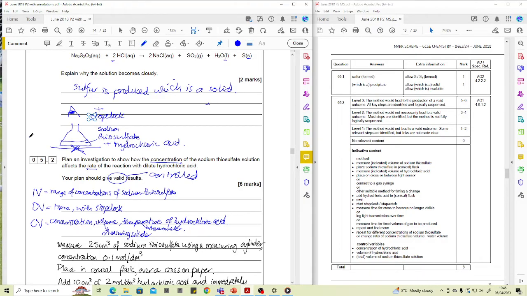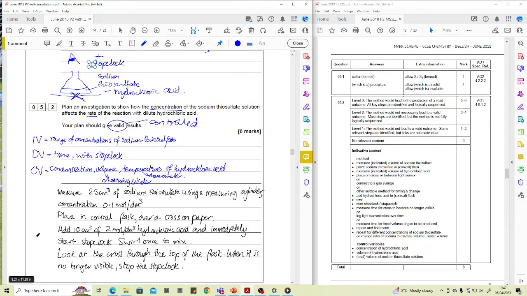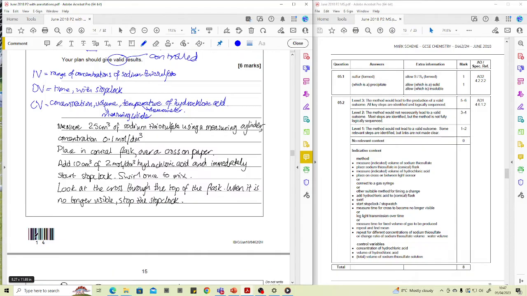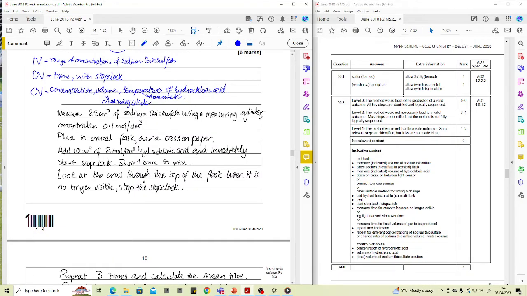Okay then, the way that we're going to measure this is by when the cross disappears, so how cloudy it's going, and it really steers you toward this in our practical. Let's have a look here and see if we've got the independent variable, the dependent variable and the control variable sorted out.